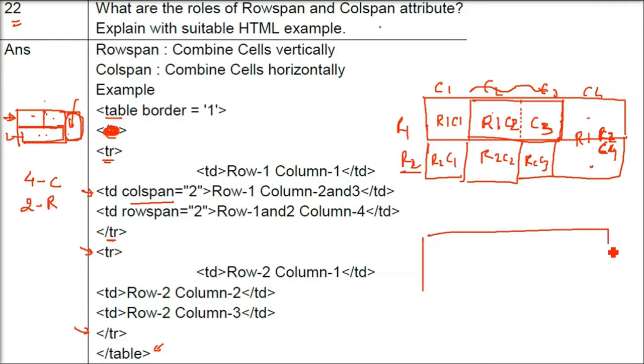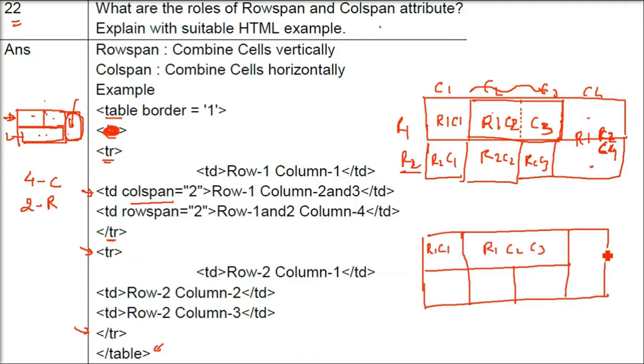So let me make it final, how this example is going to be seen. It will be like this. This will be row 1, column 1. This whole will be row 1, column 2 and 3. This will be row 1 and 2, column 4.